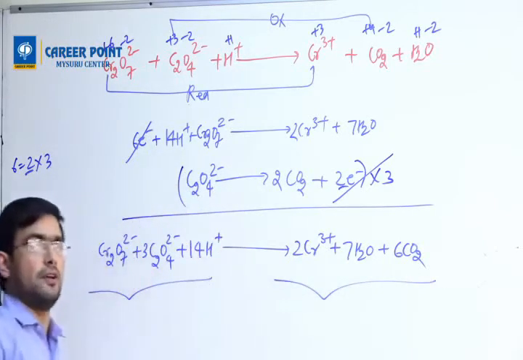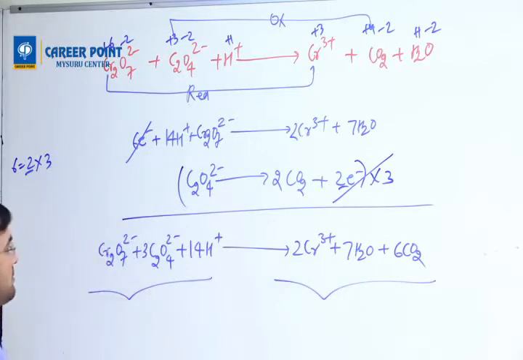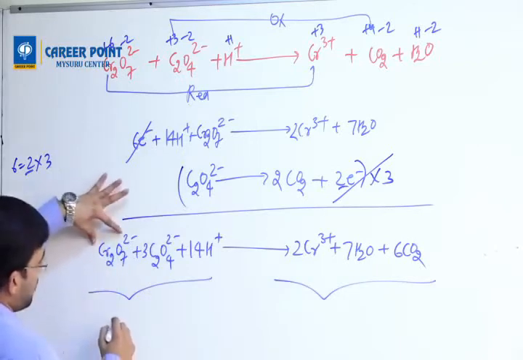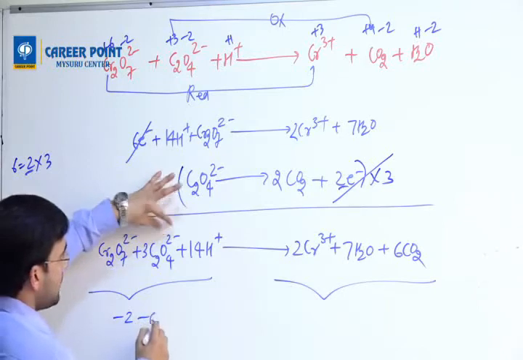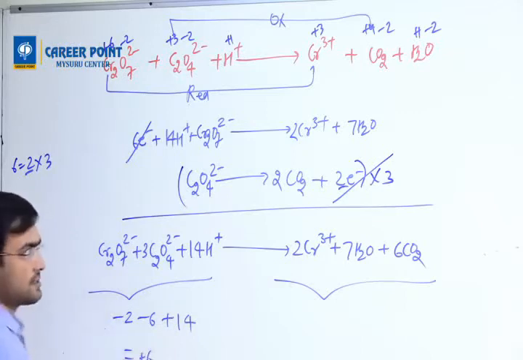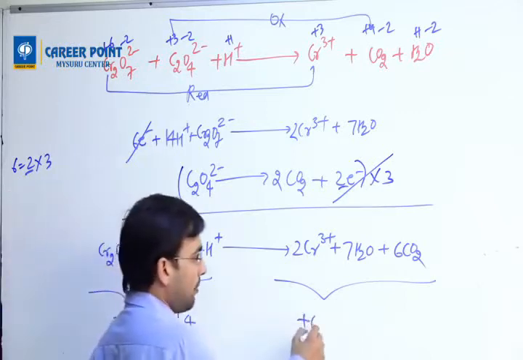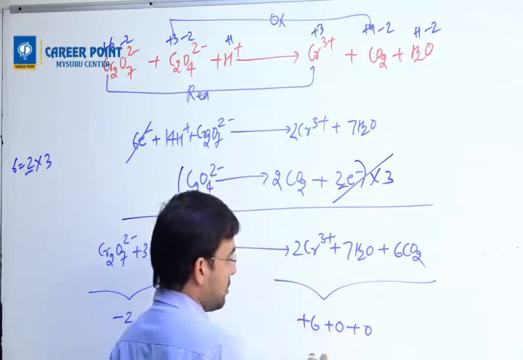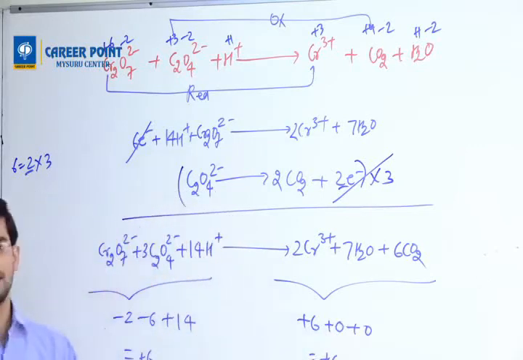There is no need to verify with the atoms, atoms are already verified. So charge: minus 2 minus 6 plus 14, this is minus 8, 14 minus 8 is plus 6. Right side plus 6 plus 0 plus 0 is plus 6. Both charges are equal. The reaction is balanced.